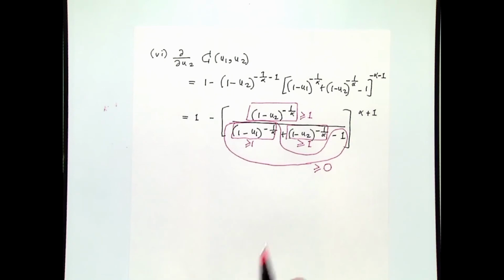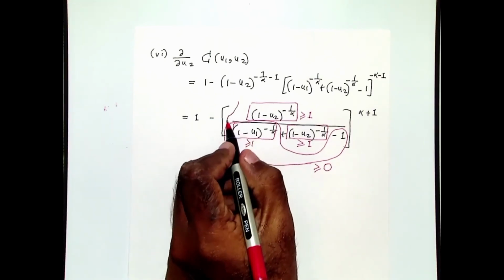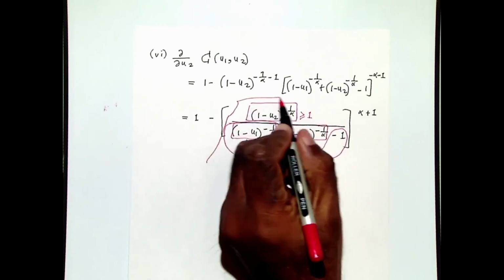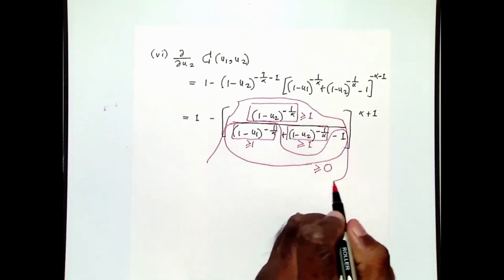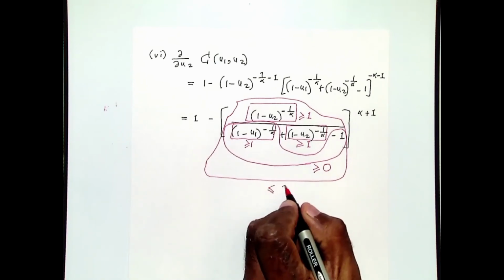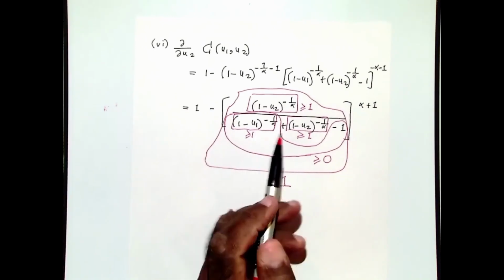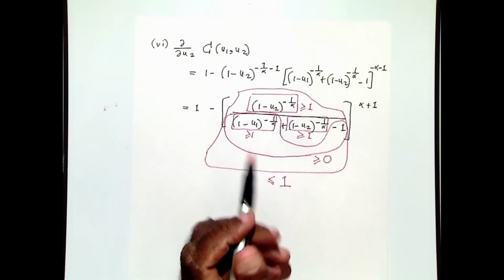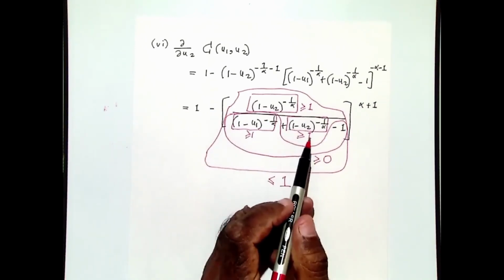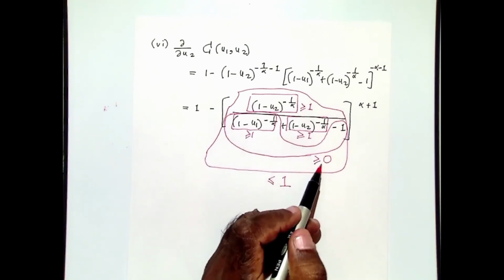So the fraction, I mean when I say fraction, I mean this term here, has to be less than or equal to 1. I hope you follow. That's because you have a number greater than or equal to 1 which is divided by a number greater than or equal to 1 plus a number greater than or equal to 0.